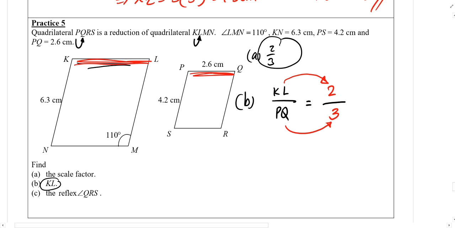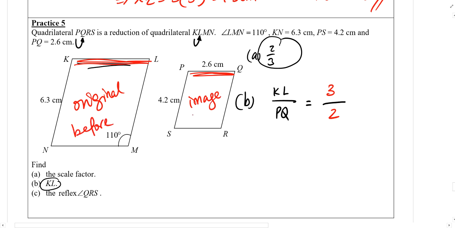What does this mean now? It has to be 3/2. Reason is because this is original. This is our image. Or we can call it before and after. When we have our scale factor in part A, our numerator is our image.